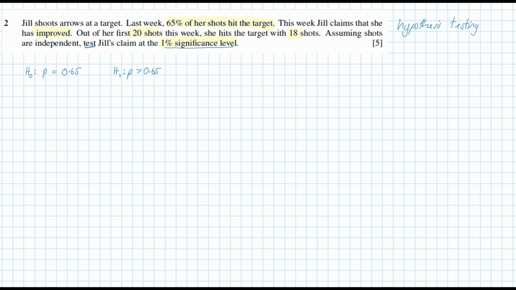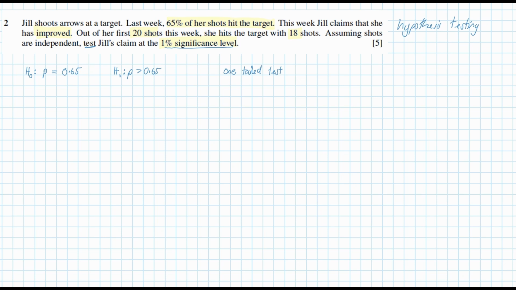The question is, has she? You can see that this is going to be a one-tailed test, because you're dealing with just a greater than. That's what tells us it's a one-tailed test, and it's at the 1% level.